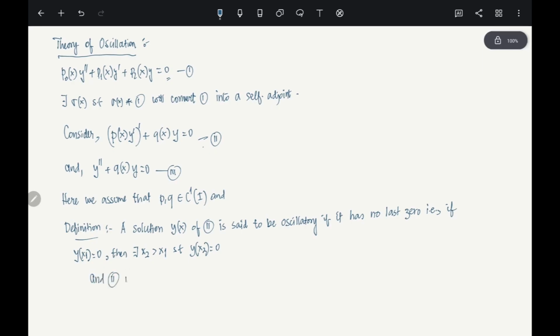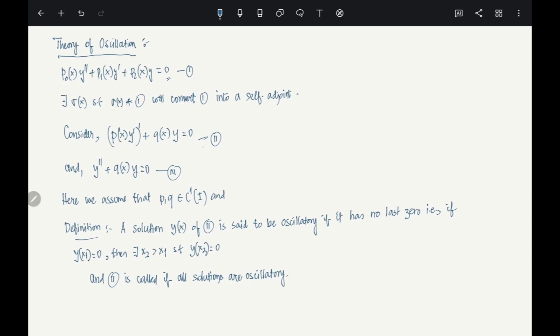See, the solution is oscillatory if there is no last zero of the solution, and 2 is called oscillatory if all solutions are oscillatory. I hope it is clear here.